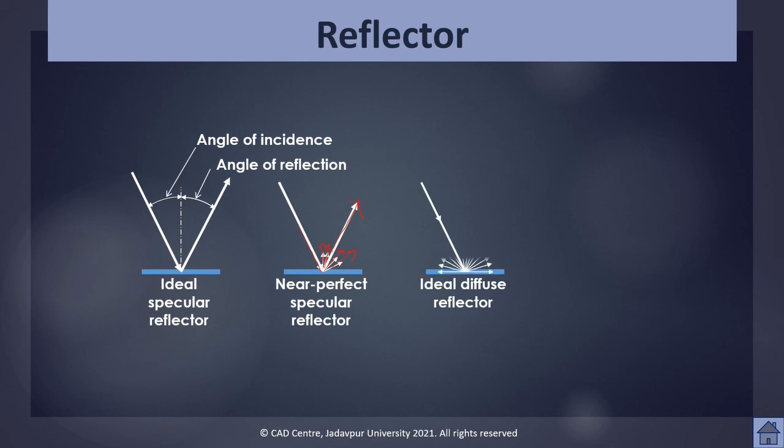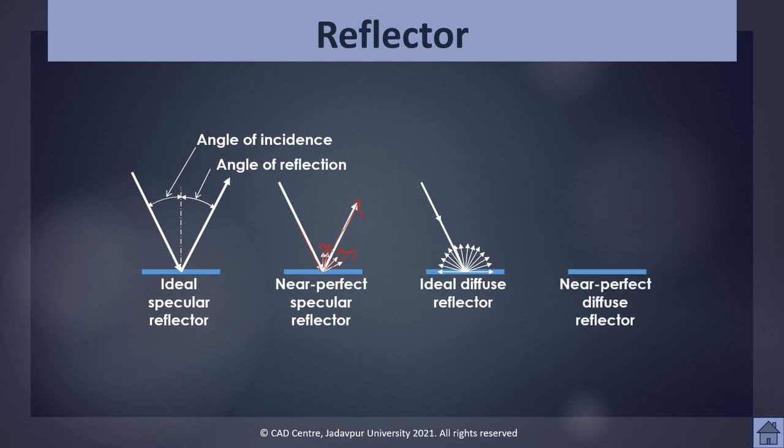And here I have shown one ideal diffuse reflector in which the entire incoming energy is being directed in all possible directions and also in equal amount. But definitely there is no ideal diffuse reflector on the Earth's surface.